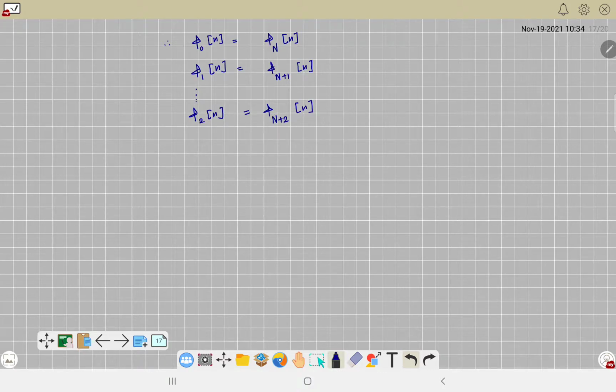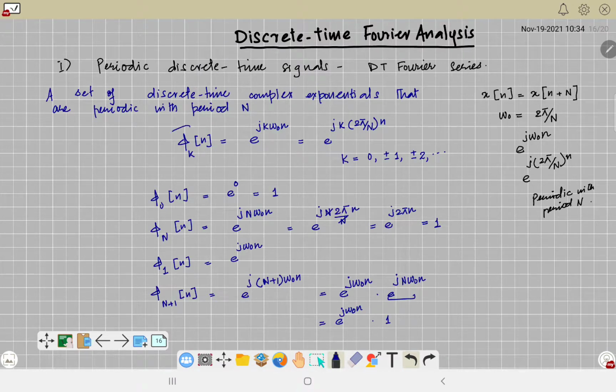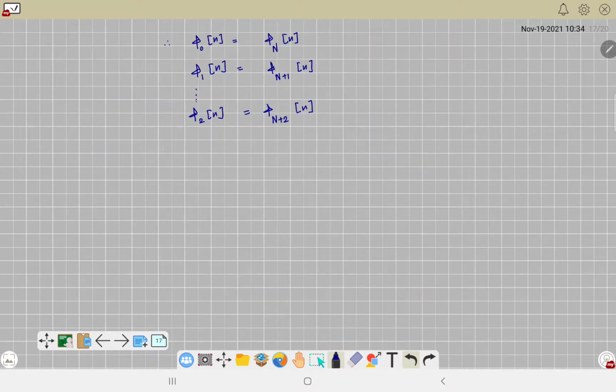So it turns out that in the discrete time case, for distinct values of omega, the set of exponentials that we have defined will repeat themselves. If we start with phi 0, phi 1, phi 2, phi 3, phi 4, whatever the time period capital N is, they will repeat.